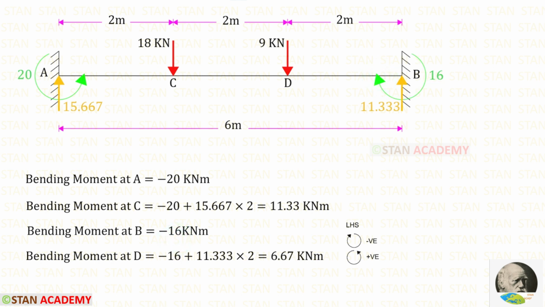Let us find the bending moment at the point D. MB is acting in the clockwise direction, so it will be negative. The vertical reaction RB is acting in the anti-clockwise direction, so it will be positive and the distance is 2. Finally, for the bending moment at D, we are getting 6.67.